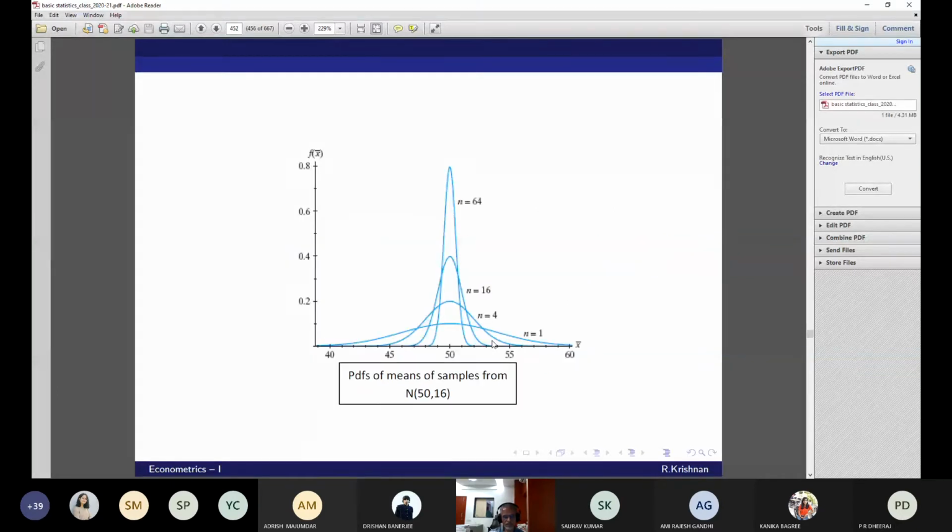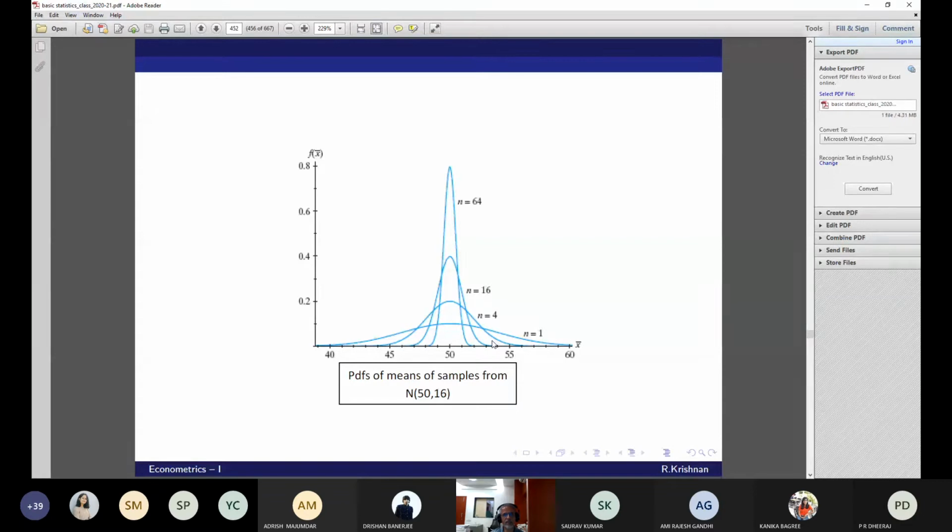Does this picture tell you anything? As the sample size increases, what is happening to the distribution?